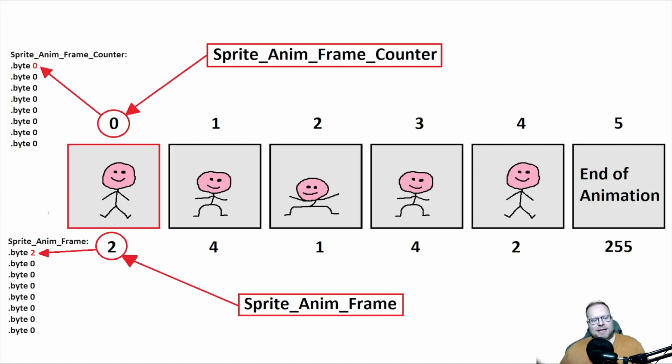Now I made this extra table down here, Sprite Anim Frame. This is kind of the same thing, and this might be a little confusing, but this Sprite Anim Frame also has 8 entries. 1 entry for every sprite. But instead of the frame number, this table keeps track of the number of the sprite graphic.